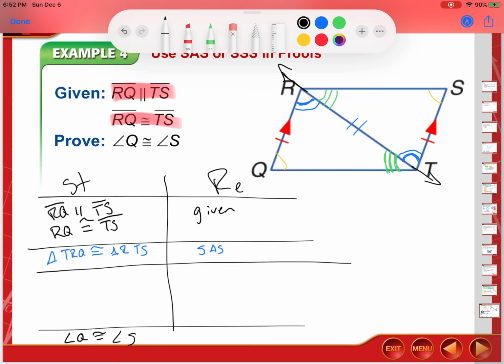Me personally, what I would say is okay, so those two triangles are congruent, right? So Q and S are both in the third slot. So I'm going to say Q is congruent to S based on CPCTC. Congruent parts or corresponding parts of congruent triangles are congruent. Our favorite acronym.